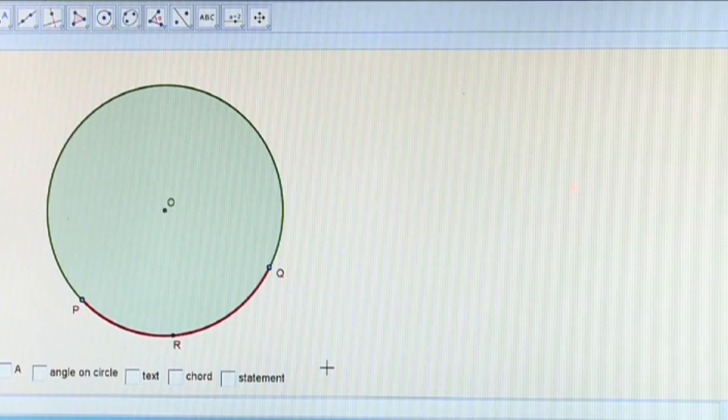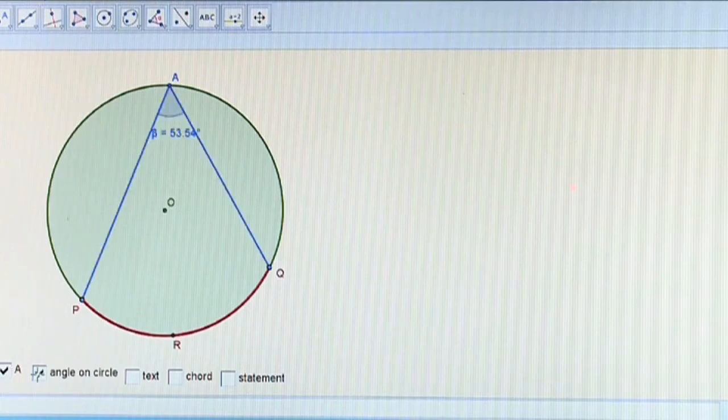Look here, the minor arc PRQ is dividing the entire circle into two parts. One part is shown by the red, that is the minor arc, and the other part is major arc. Let me take a point A on the remaining part. Remaining part means the part of the circle other than the selected minor arc PRQ.